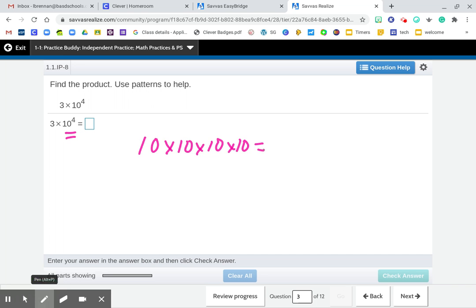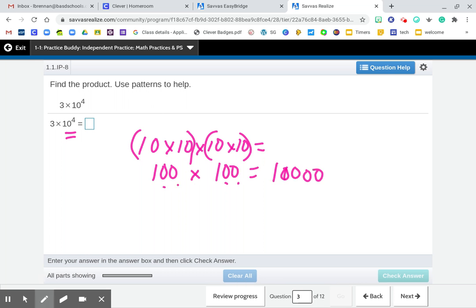Now, if you're not really good with your tens, you can just count. Multiply. 10 times 10 is 100. 10 times 10 is 100. 100 times 100. You can just take our zeros and bring them over. It's 4 zeros. And we know that 4 means 4 zeros.